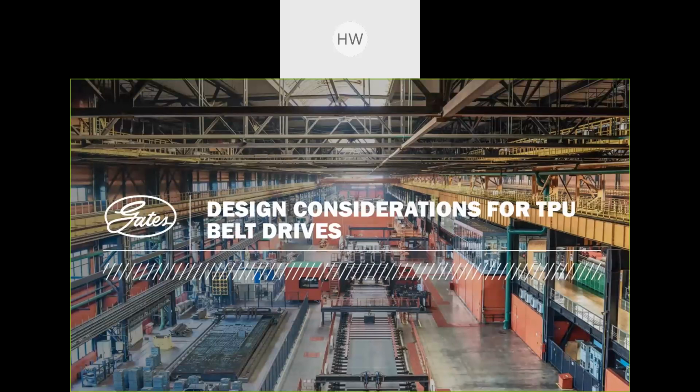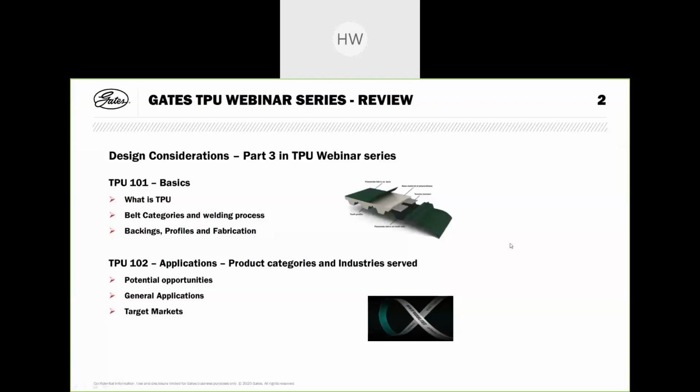So we have started the webinars with two former sessions. TPU 101 was talking about the organization, what is TPU, belt types and belt product portfolio of Gates, and all the customization and additional product possibilities for TPU belt.